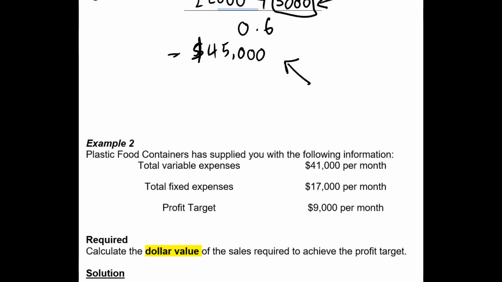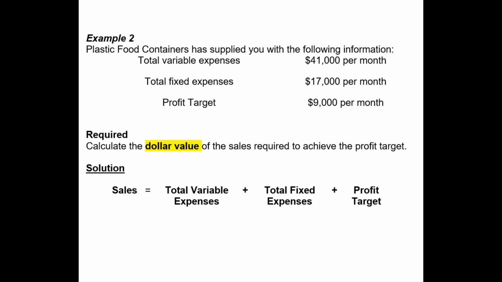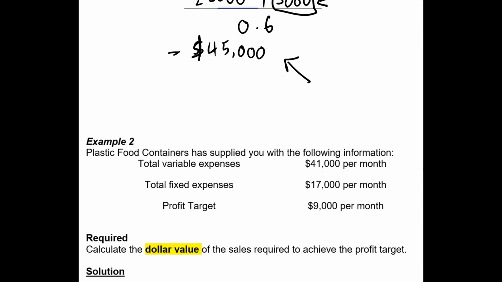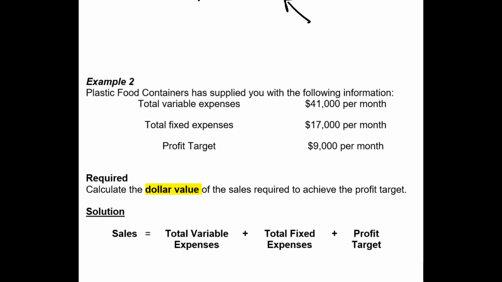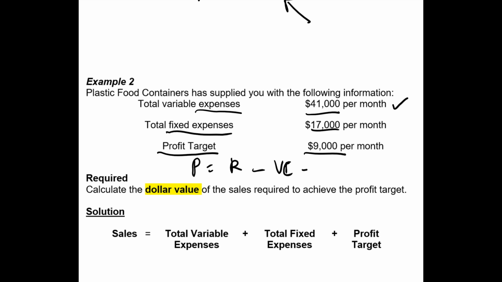If you look into example number 2, you are going to look at what you have over here. They give you your total variable expenses of 41,000, total fixed expenses of 17,000, and your target profit is 9,000. As you know, profit equals revenue minus variable costs minus fixed costs.